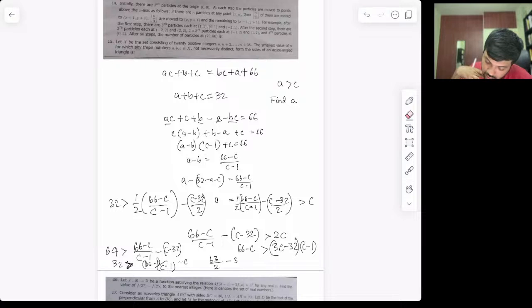C is 4, does it work? 62, 6 minus 28 plus 28 by 2. So I think this will not work again. So C is 4, 5. I think after a while, even it being a fraction itself will cut off the answer. So C is 5, will not work.